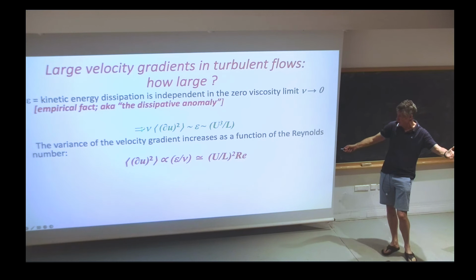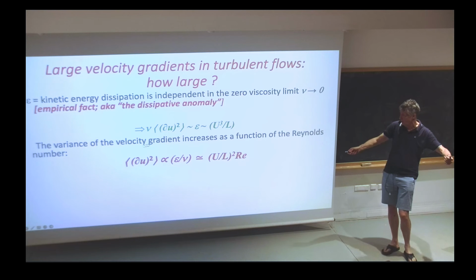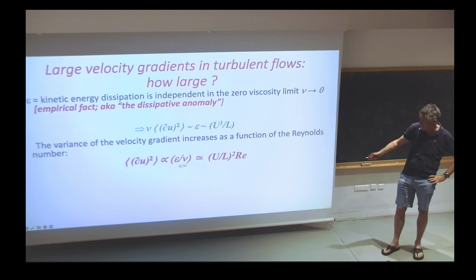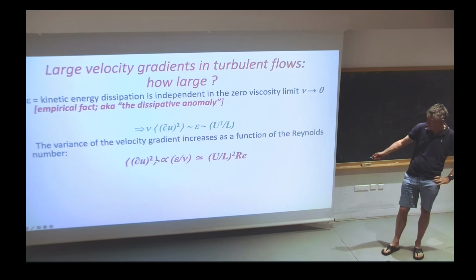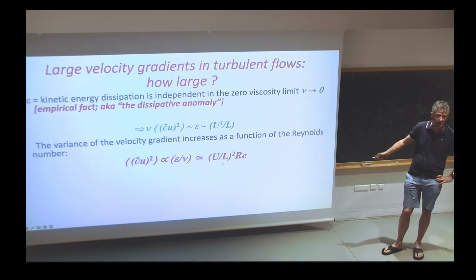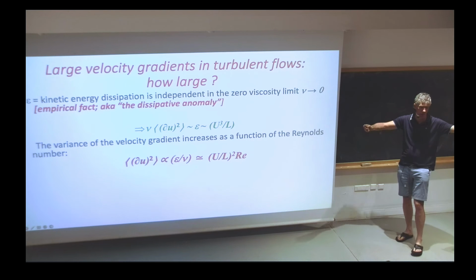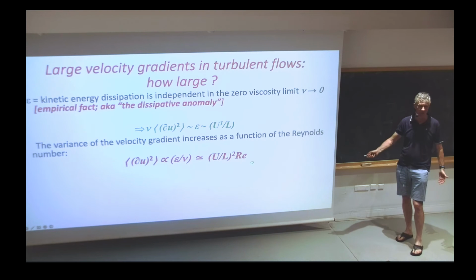So you have this quantity which is constant, and when you put things together, the velocity gradient effectively varies like epsilon over nu. So velocity gradients typically scale as this quantity, which is built on the large scales, and there is some Reynolds number here.